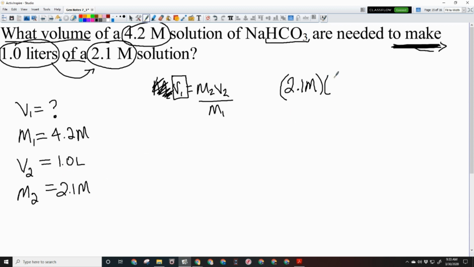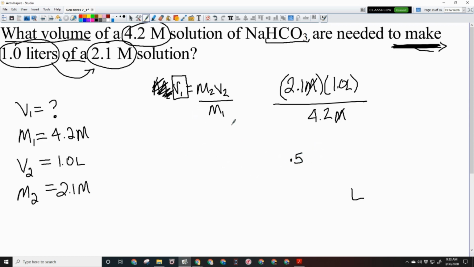This is in liters this time, 1.0 liters over M1, 4.2 molar. Okay, molars can cancel, leaving us liters as our unit for our answer. So pick up your calculators, 2.1 times 1.0 divided by 4.2. That's going to give us a 0.5.